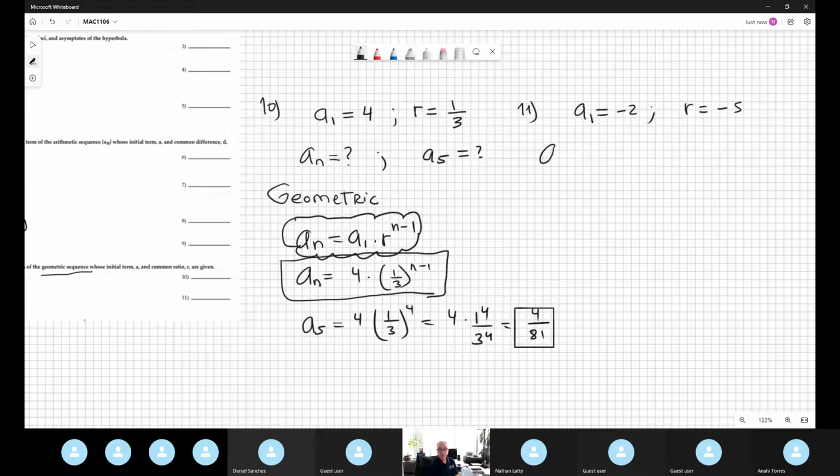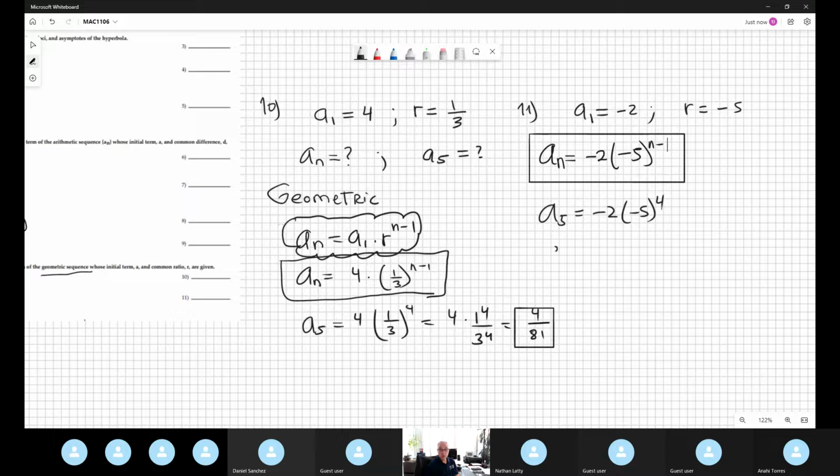A sub n is equal to -2 times (-5) to the n minus 1. It's perfect. Leave it like that. Now specific to the fifth power: -2 times -5 raised to the 5 minus 1, which is 4.